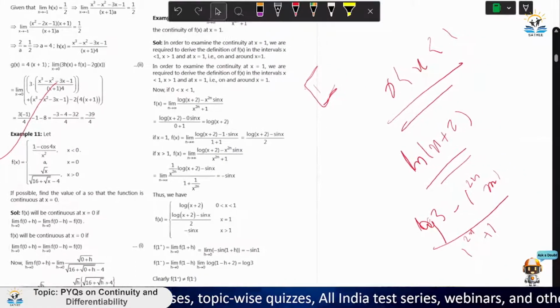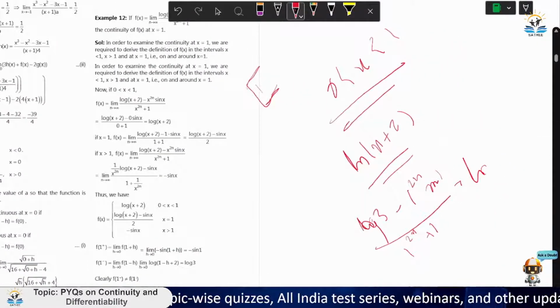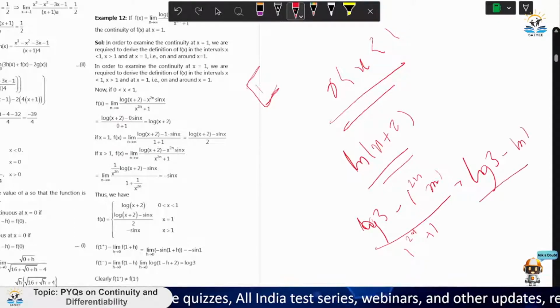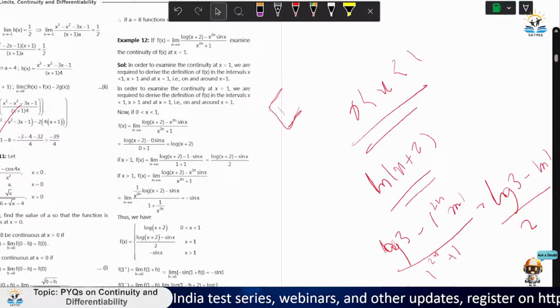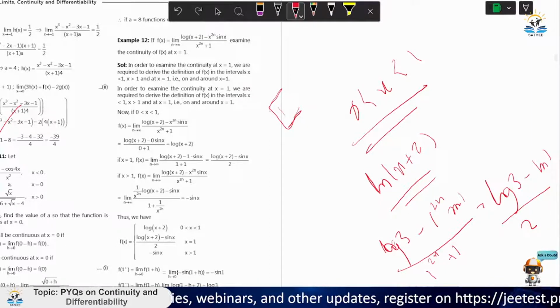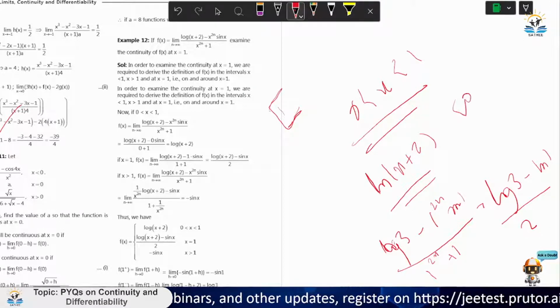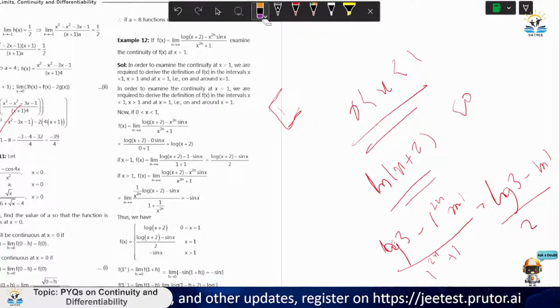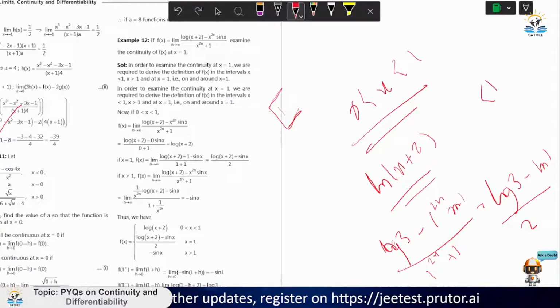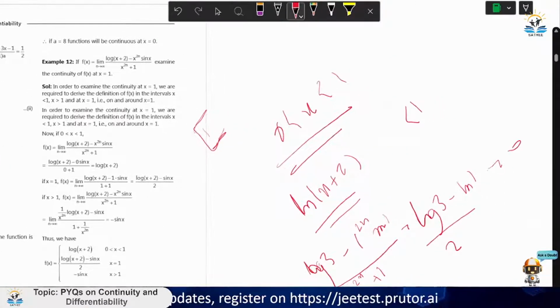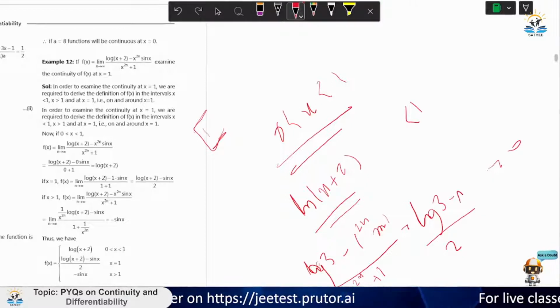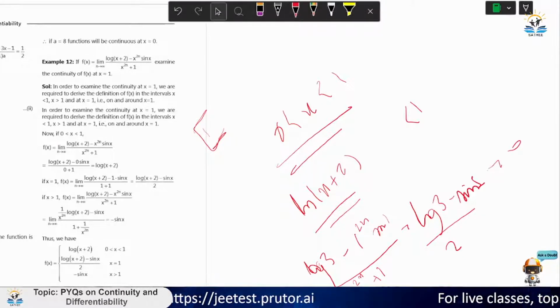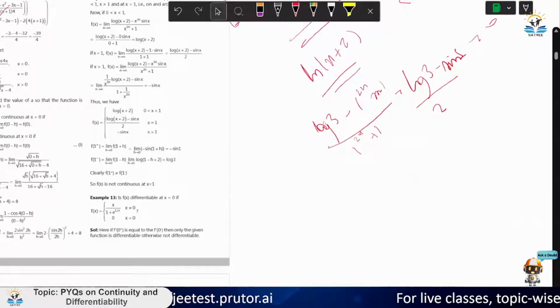Okay, so simply I'm left with log 3 minus sine 1 upon 2. And for x less than 1 it is log of x plus 2, and at x equal to 1 it is as above. Please bear with my handwriting, guys. Writing this with a stylus pen is very tough.